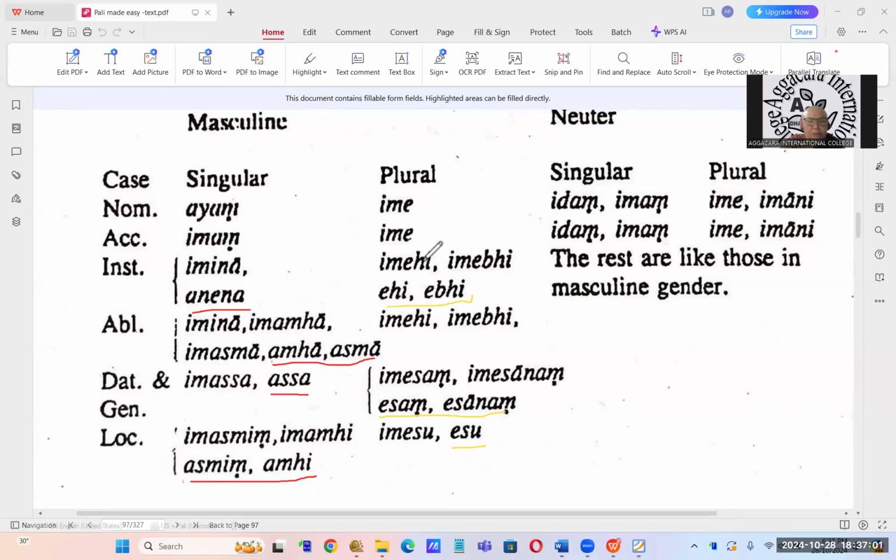So for singular, plural starts with E here: ehi, ebi, esam, esanam. So are they related to each other? Anena, ehi, ebi. What do you think? A special form, I think. Okay, so maybe we look at it later.